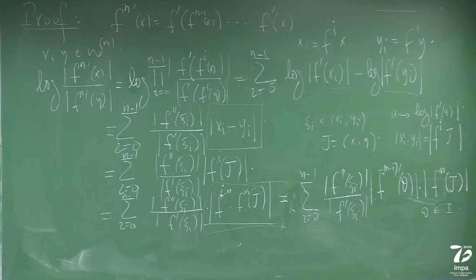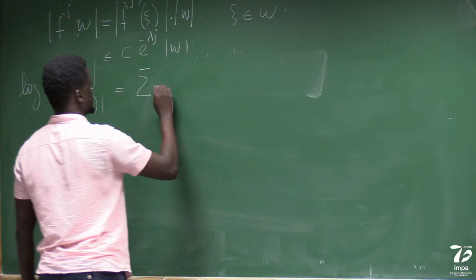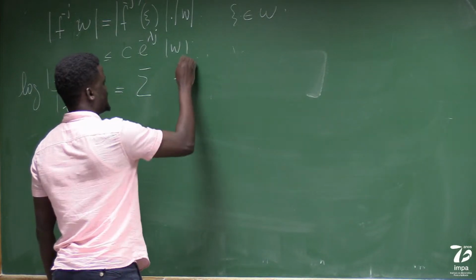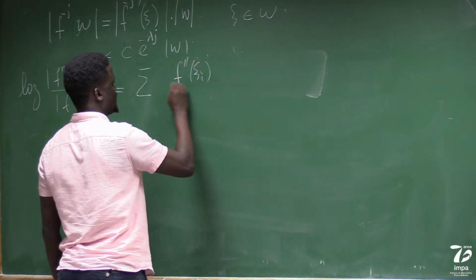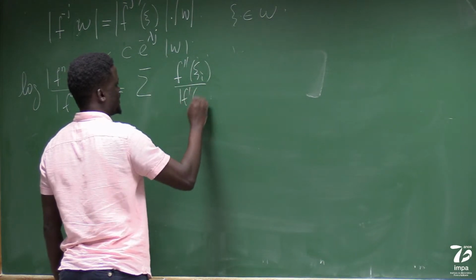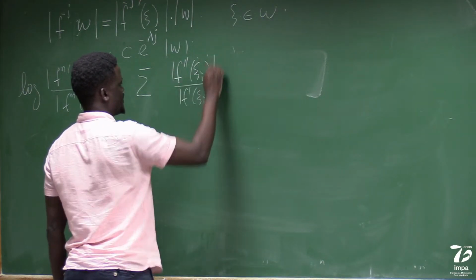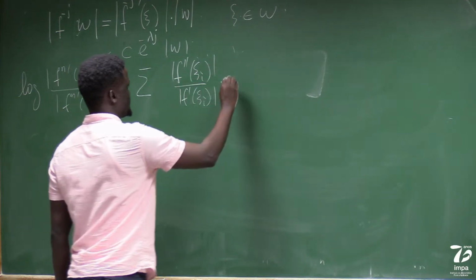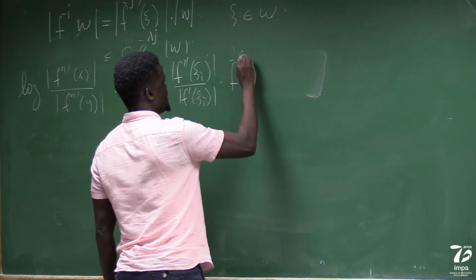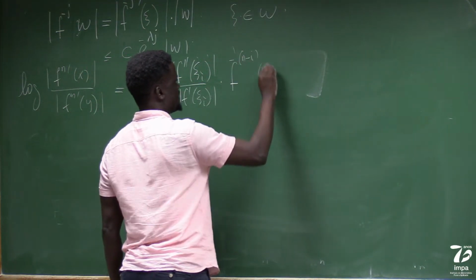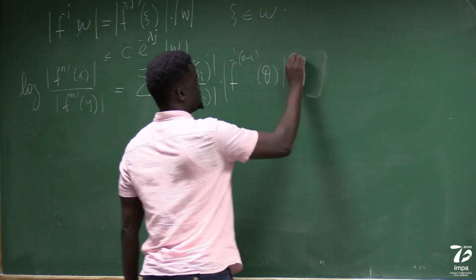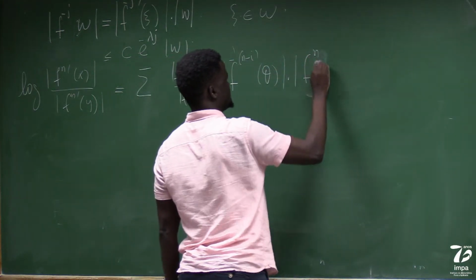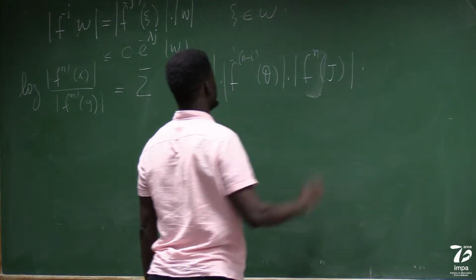Let me rewrite it because I was going a little bit fast. F double prime xi I over f prime xi I times f minus n minus I prime theta times the size of f n j. Okay?